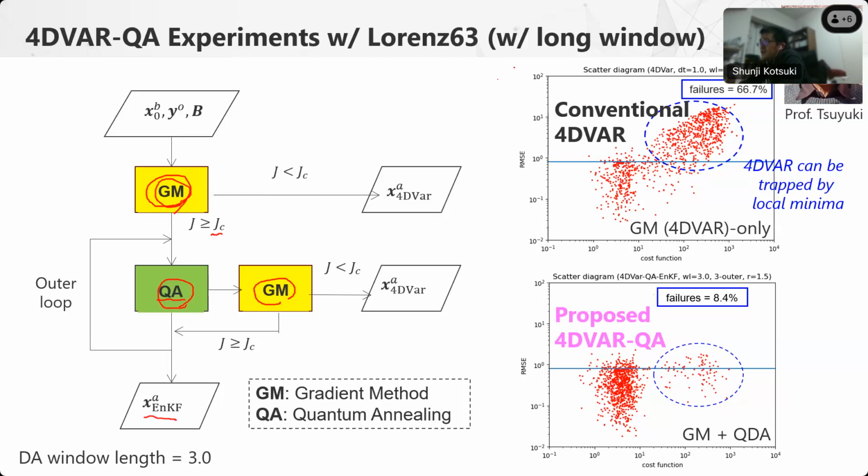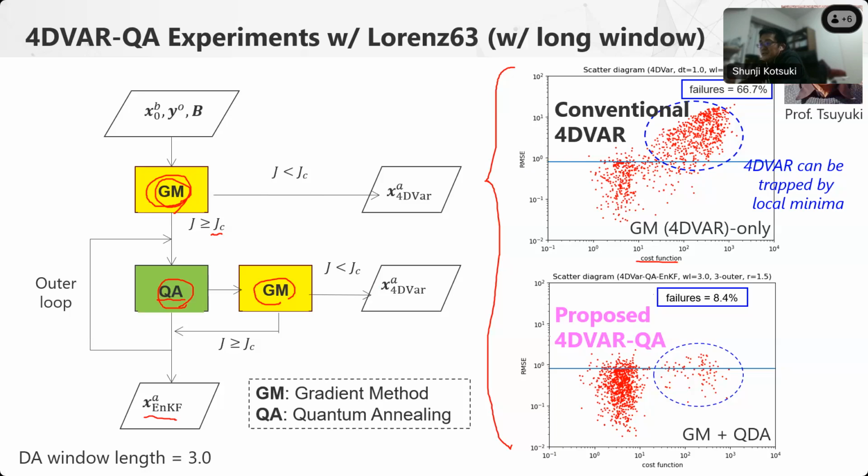Here we are comparing the conventional 4D-Var and the proposed 4D-Var with quantum annealing. We show the cost function and root mean square error for many problems. In the case of the conventional 4D-Var, it can be trapped by local minima, so it produces many cases having too high a cost function and large root mean square errors.